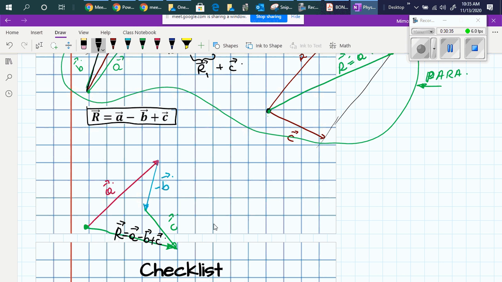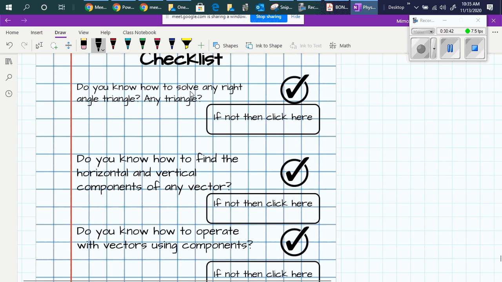Okay, with this lesson, we finished what is known as the basic unit. What you have to know in this unit to do well on the quiz and on the test is how to solve any triangle, including the right angle triangle. If not, you can refer to the lesson in this notebook.